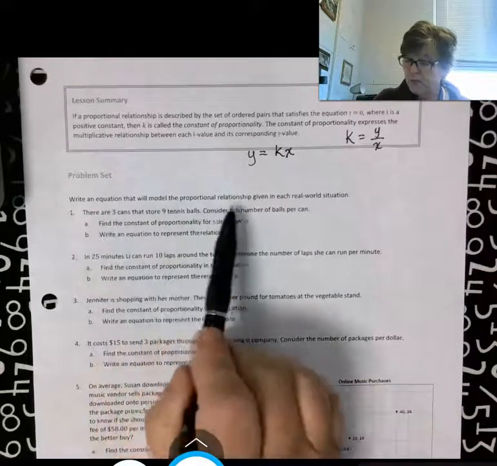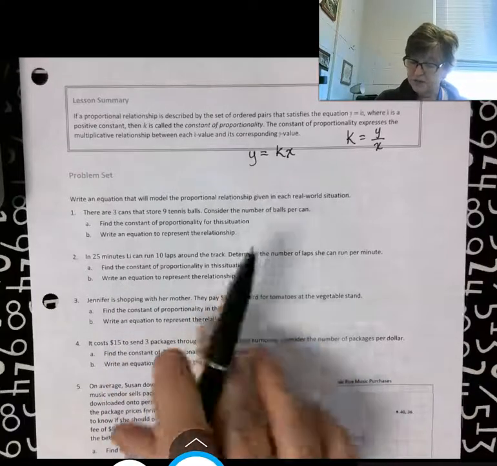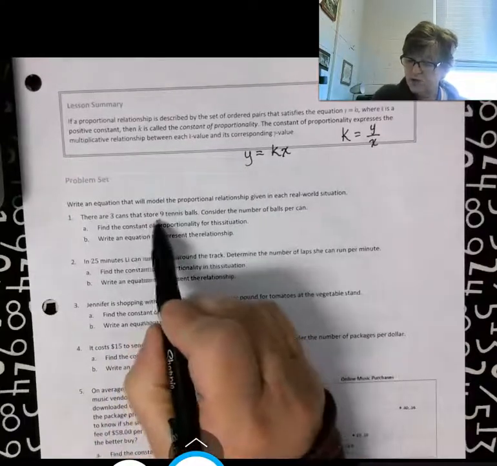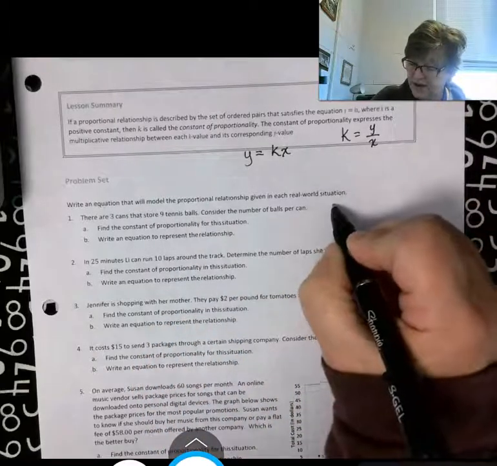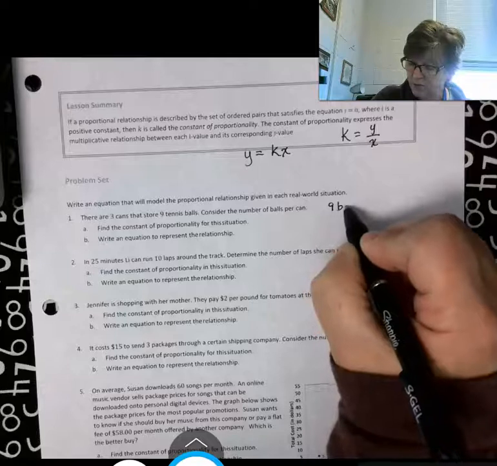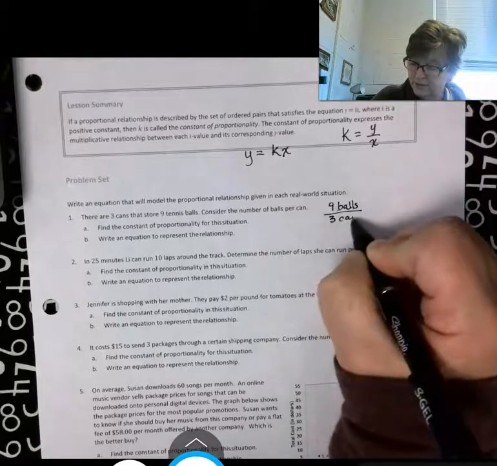So write an equation that will model these real-world situations and the proportional relationship. There are 3 cans that store 9 tennis balls. So that means I have 9 tennis balls per 3 cans.